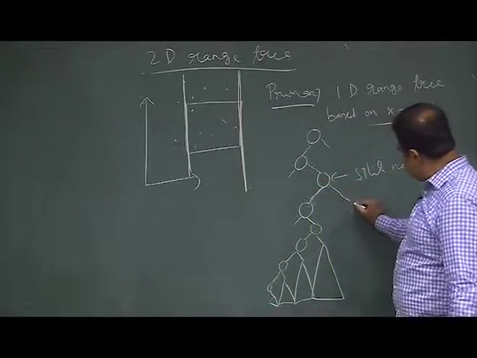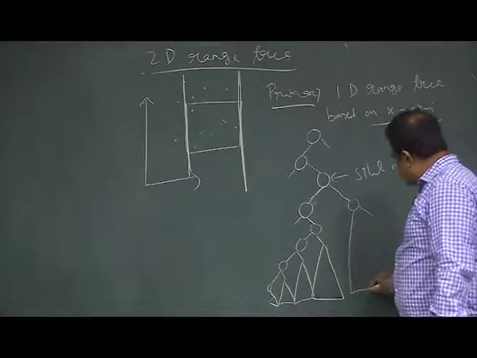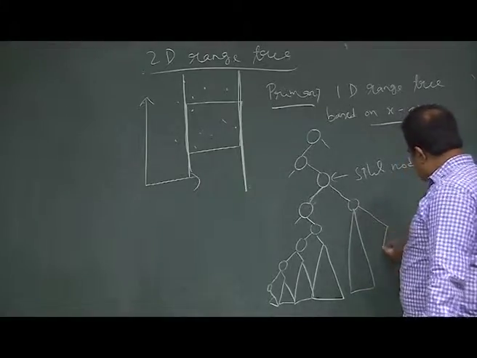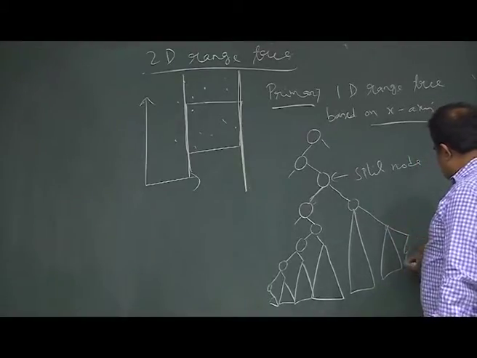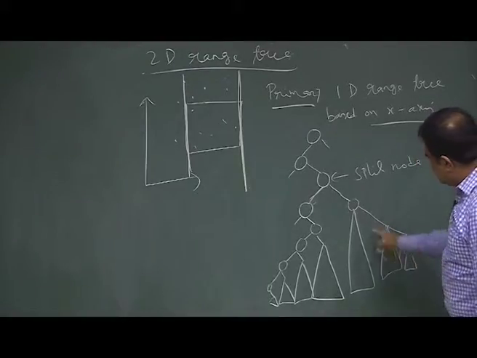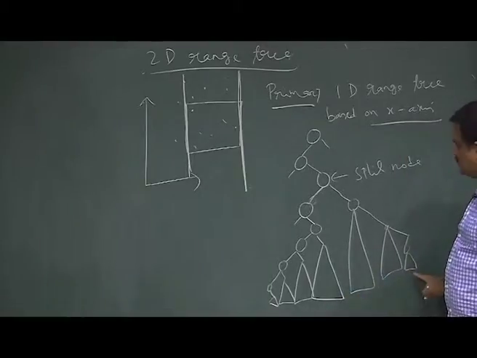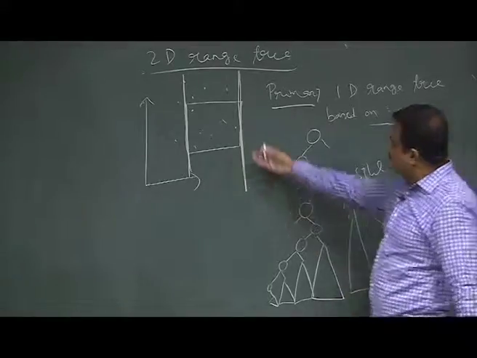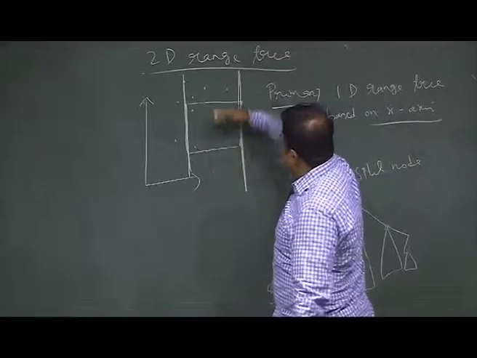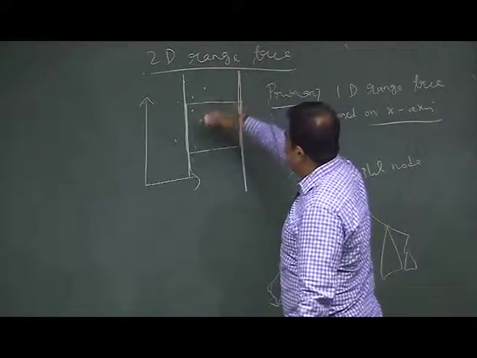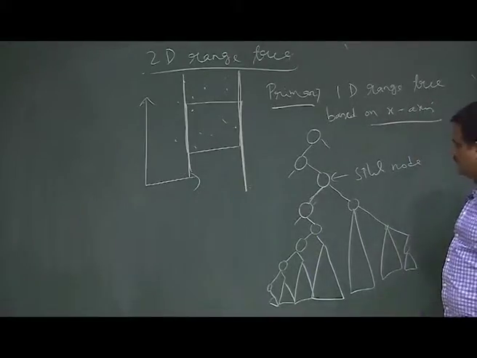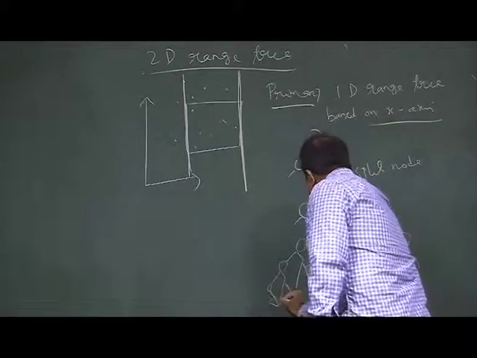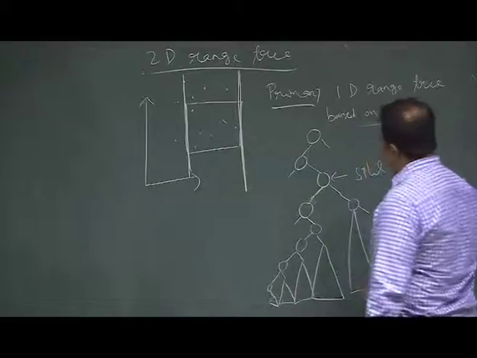Similarly, we will go here. Basically these are our output. These are the points whose x axis values are in this strip, in the range x1 x2, but we want the y axis to be in the range y1 y2. So, these are the points whose x axis values are matching.